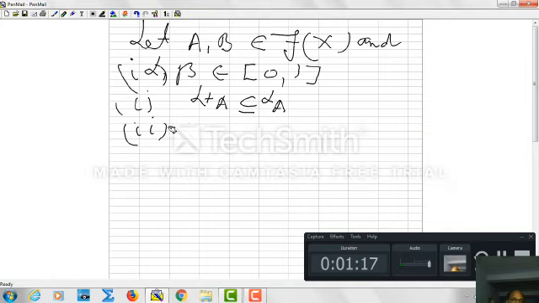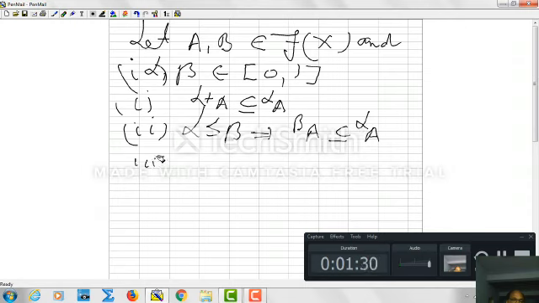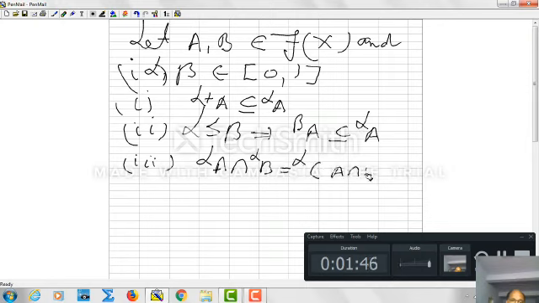The second property is: if alpha is less than or equal to beta, this implies the beta cut of A is a subset of the alpha cut of A. And the third one: the alpha cut of A intersection the alpha cut of B is equal to the alpha cut of A intersection B. This is the first part.